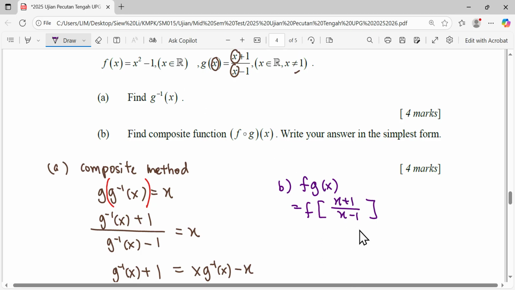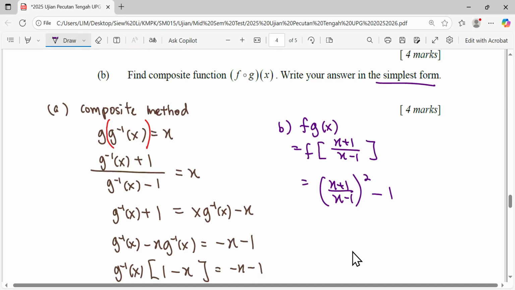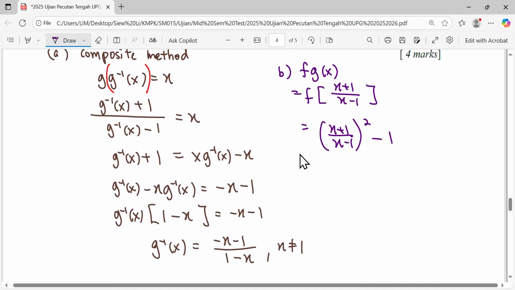Then substitute this into the function of f, which means that this x is replaced by x plus 1 over x minus 1, squared. So replace this fraction in the place of the x here. What we need to do is simplify this into the simplest form. From 2 terms, we need to simplify until 1 term.